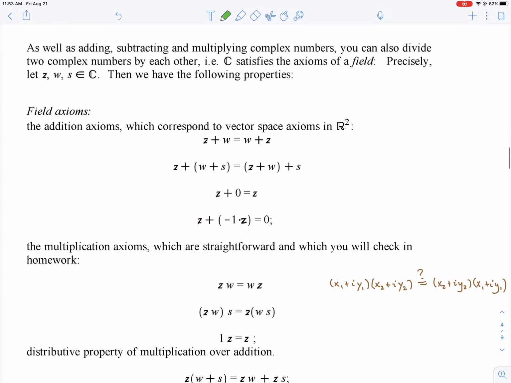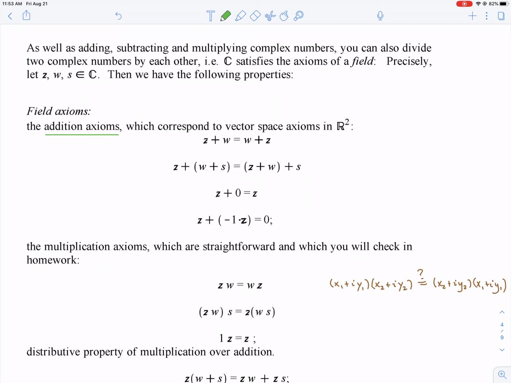Okay, so the arithmetic axioms for complex numbers are just like they are for real numbers. They are the same field axioms. So they can be broken down into the addition axioms.